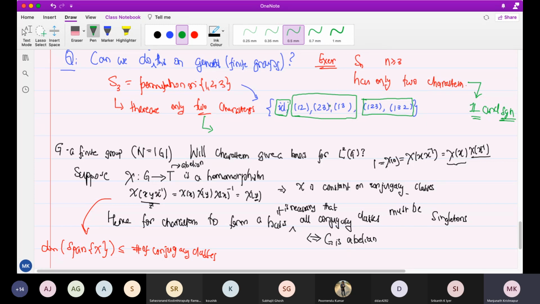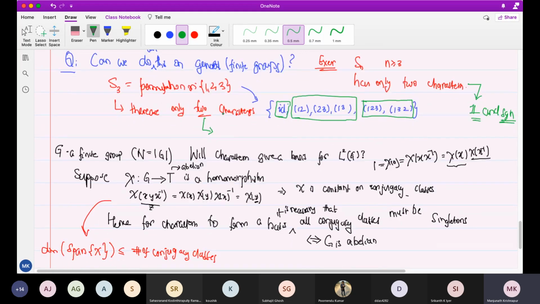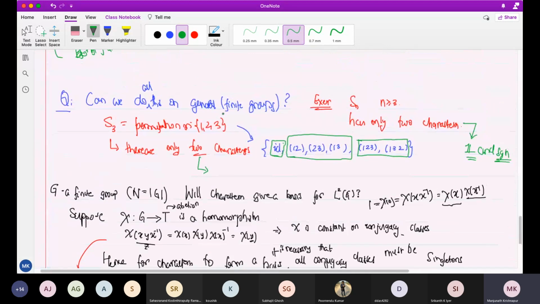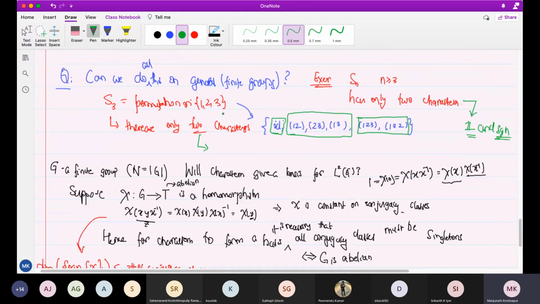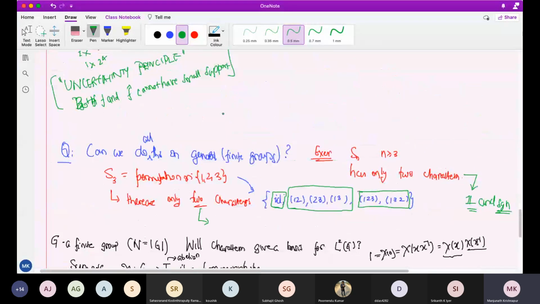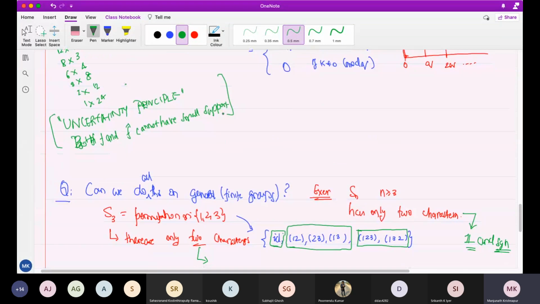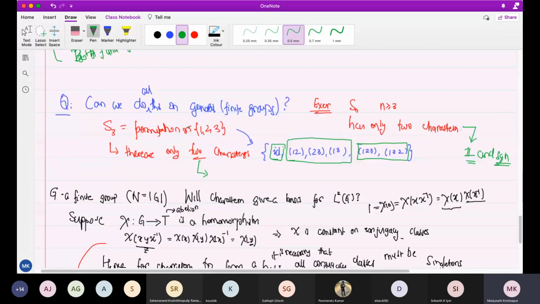Here I'm using the word character. For those of you who have learned more, there is a more general definition of characters when you go to non-abelian groups. There is a good representation theory of non-abelian groups, which we are not going into. There, what one looks at is not homomorphisms into the circle group.